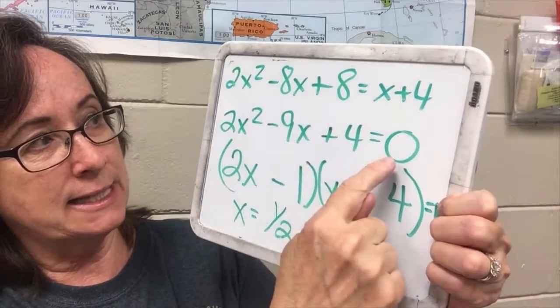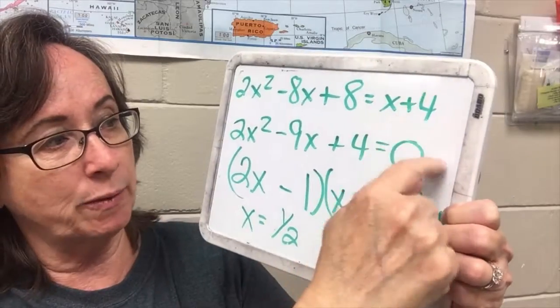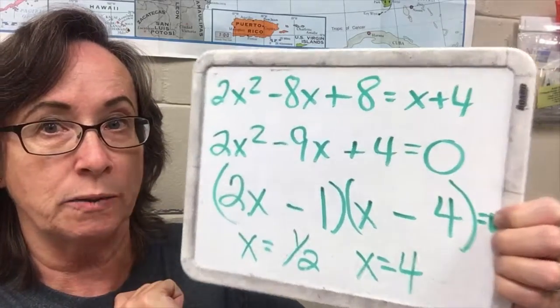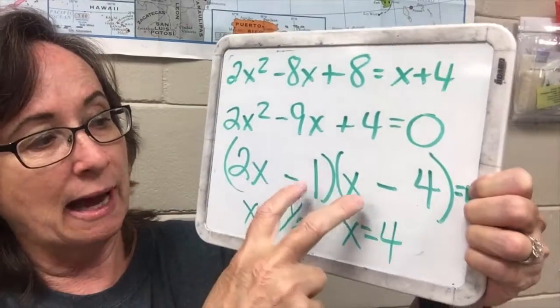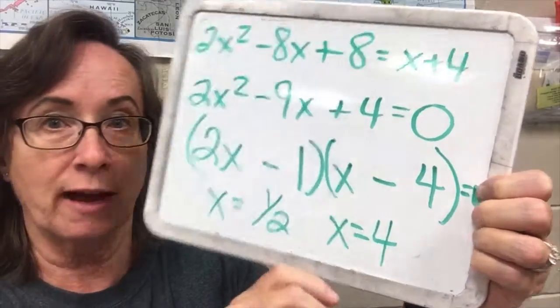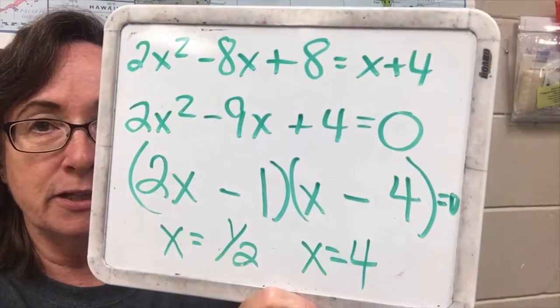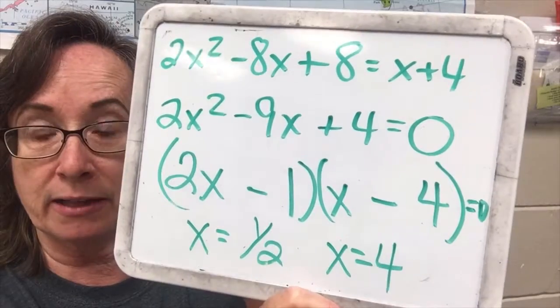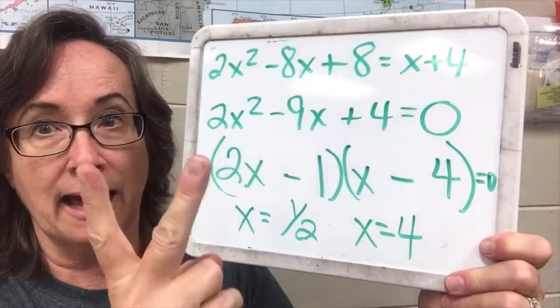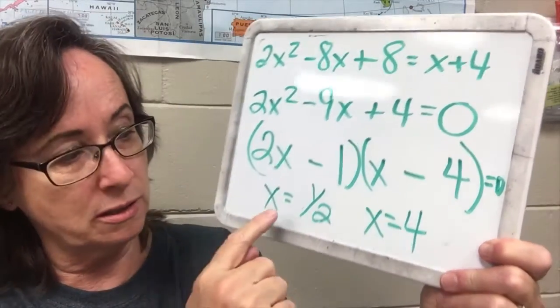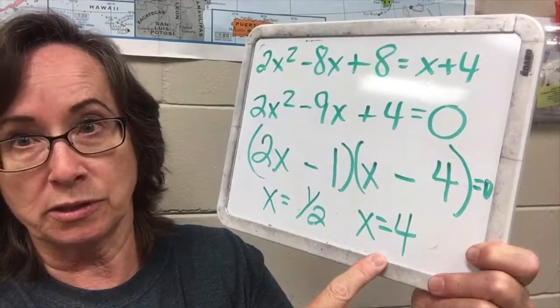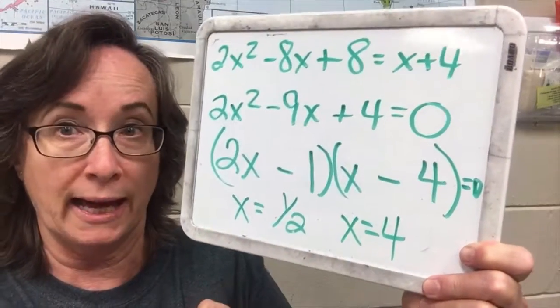Now I looked at this. When I simplified it, I got 0 on one side, just like we always want to do when we're solving a quadratic. I was able to factor, set each factor equal to 0, so I was able to get my x values. Quadratics have two solutions, okay, two possible solutions anyway. So we had two x's.